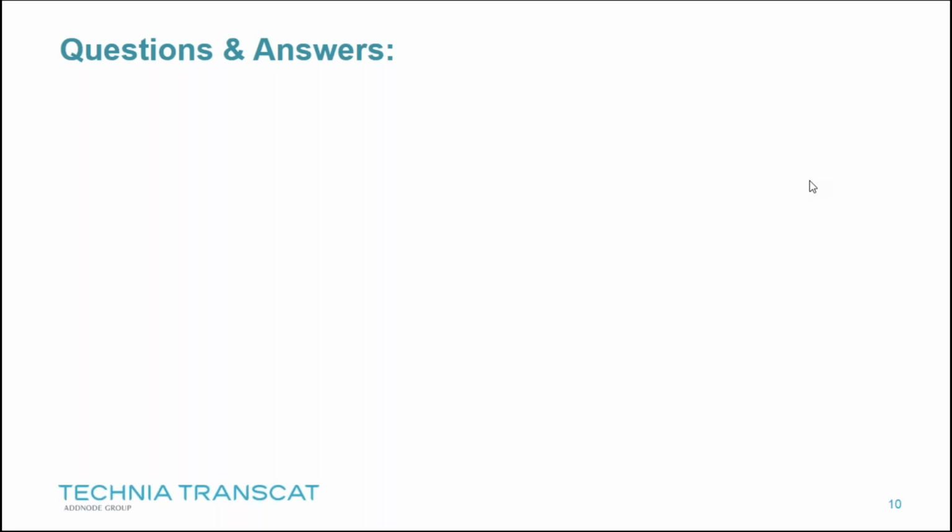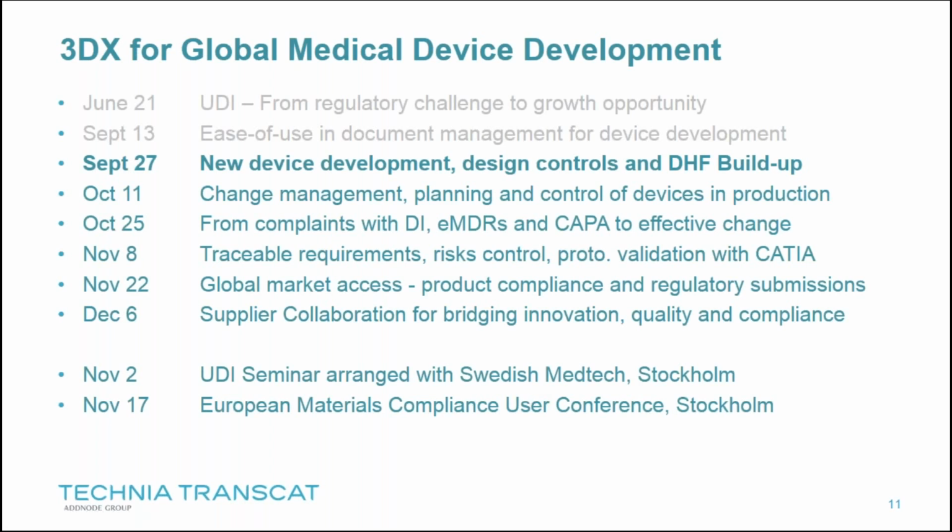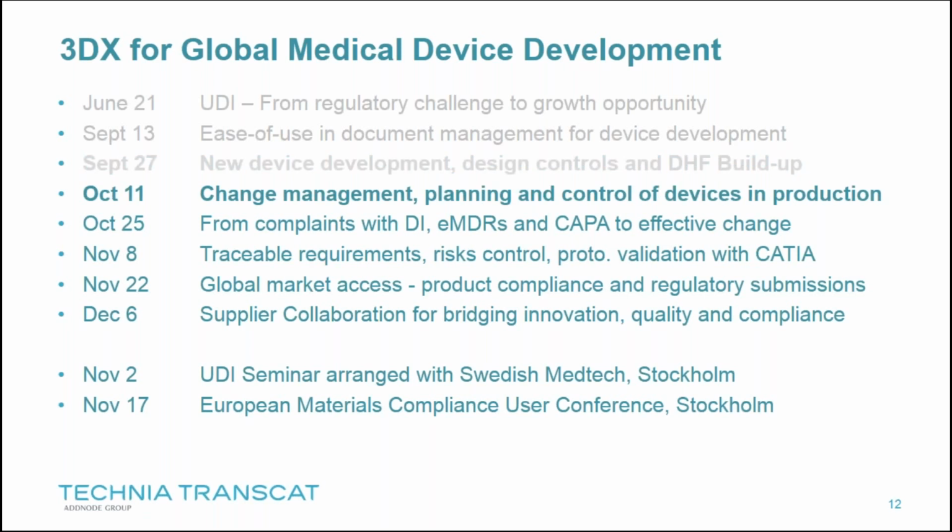Main purpose with this session was to give you an idea of what can be done during product development with regards to 3DEXPERIENCE and the platform. This session focused on the new device development, design controls, and DHF build-up. The next session will be on October 11, and then we will focus on change management. So whatever we created as the DHF, we will then pick up with a change request.